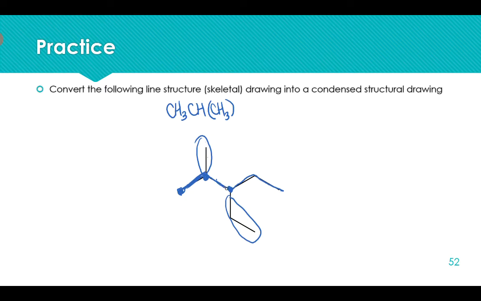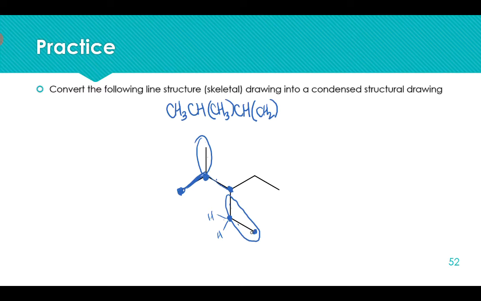Then continuing down to here, that carbon has 1, 2, 3 bonds already, so it must only need 1 hydrogen to get up to 4 bonds. Then it has this branch coming off of it, and so that has, open parentheses, this carbon here has 2 bonds already, and so it must have 2 hydrogens to get up to 4. So that's a CH2.